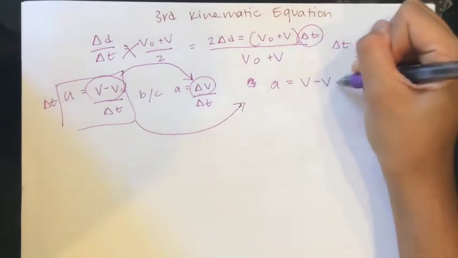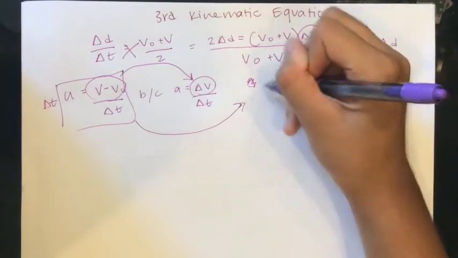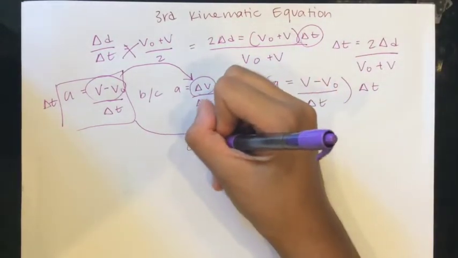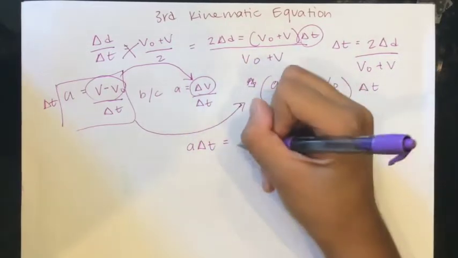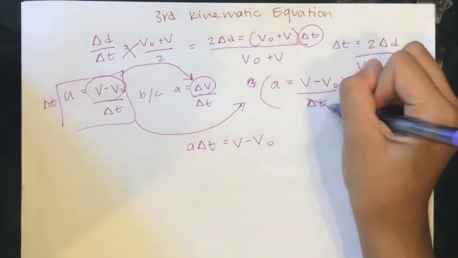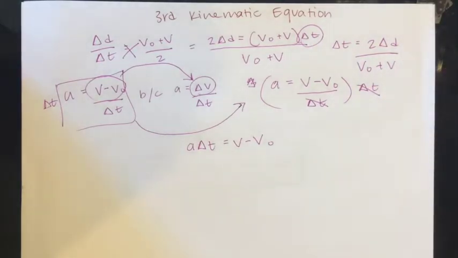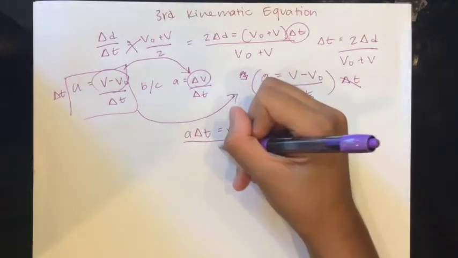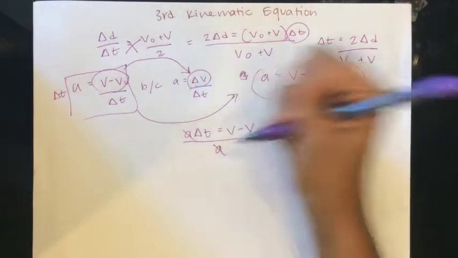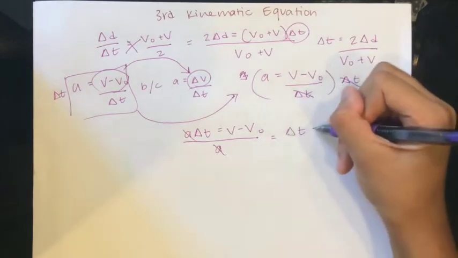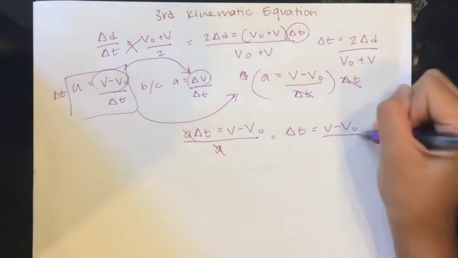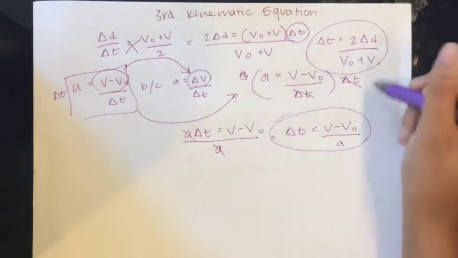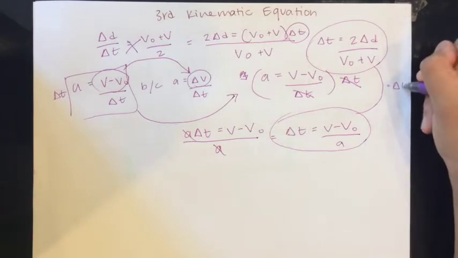Acceleration equals (v minus v naught) over delta t, multiplying both sides by delta t. So a delta t equals v minus v naught, because these cancel out on this side. Now we can divide both sides by a, and we get that delta t equals (v minus v naught) over a. But now we have this equation and this equation, and they both equal delta t.